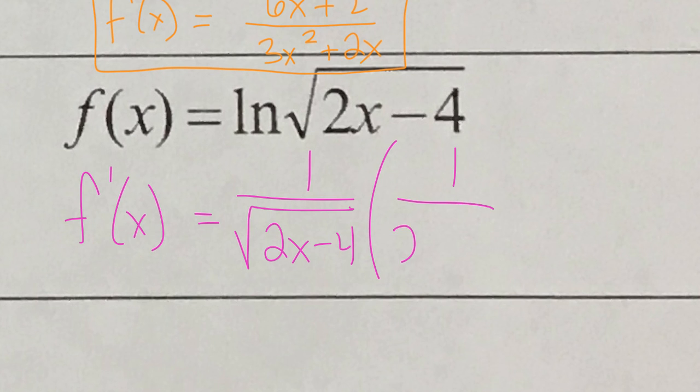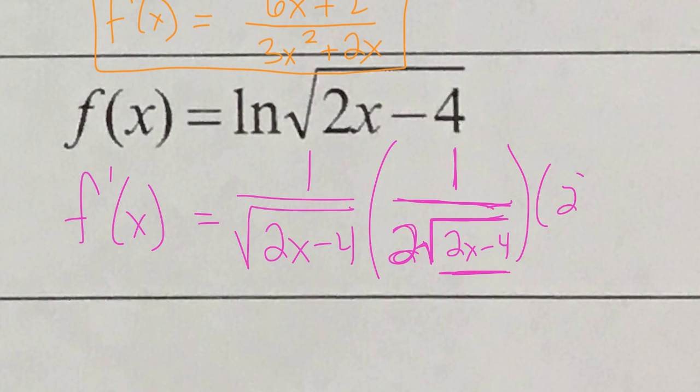So it's 1 over 2 times the root of 2x minus 4. Every radical has that as its derivative. 1 over 2 times the root of itself there, times the derivative of your inner function, which is going to be 2. Okay, so that is how we do the calculus.